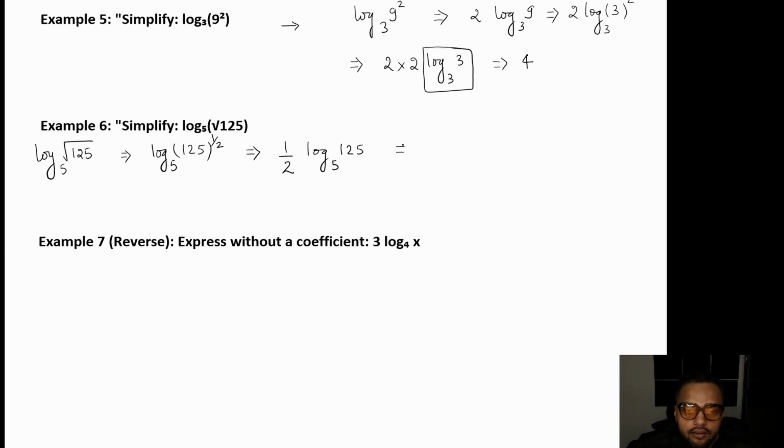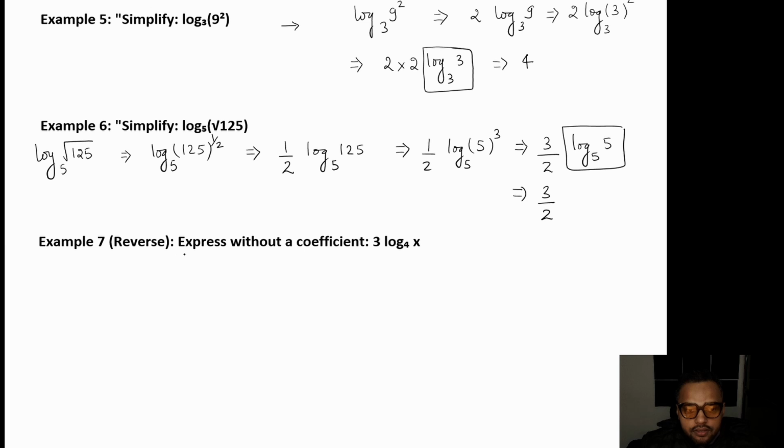If we solve it further, 125 can be written as 5 raised to the power 3, base 5. Again applying the power law, 3 will come out as a multiplier, so it will be 3 by 2, because 1 by 2 was already there, times log of 5 base 5. This is our special property: the value will be 1. So the solution for this question will be 3 by 2.